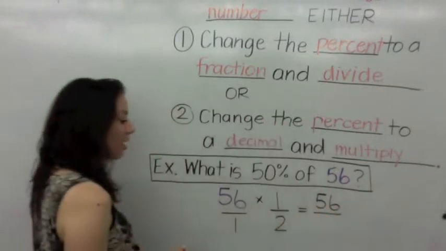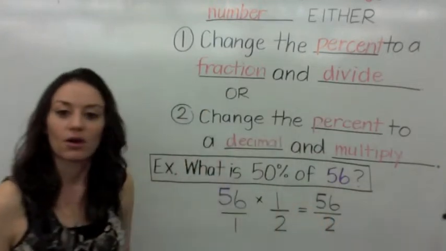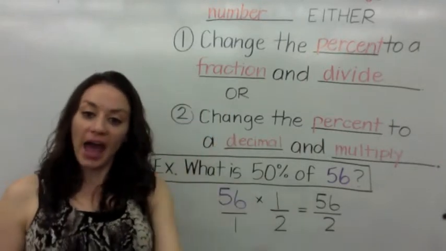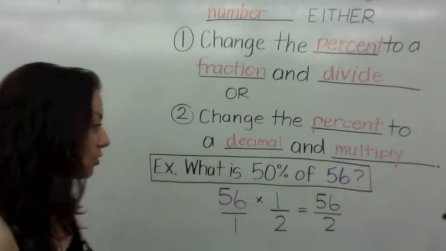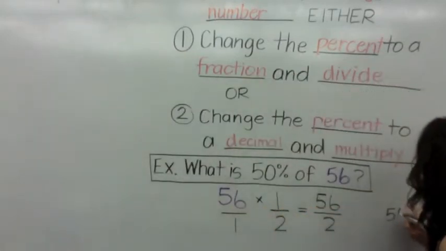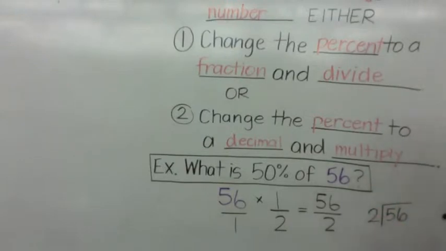Then multiply out the denominators. 1 times 2 is 2. So really this is saying that if you're taking half of 56, you're dividing 56 by 2. So the long division would be over here. 56 goes in the box divided by 2.